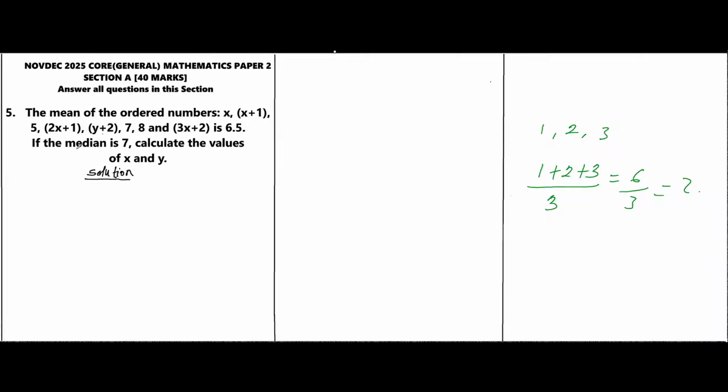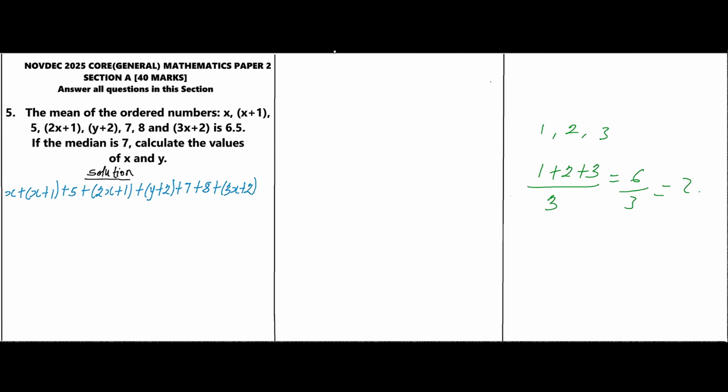The first one here is x, plus the second one, x plus 1, plus the third number, 5, plus the fourth, 2x plus 1, plus the next one, y plus 2, plus 7, plus 8, plus 3x plus 2.